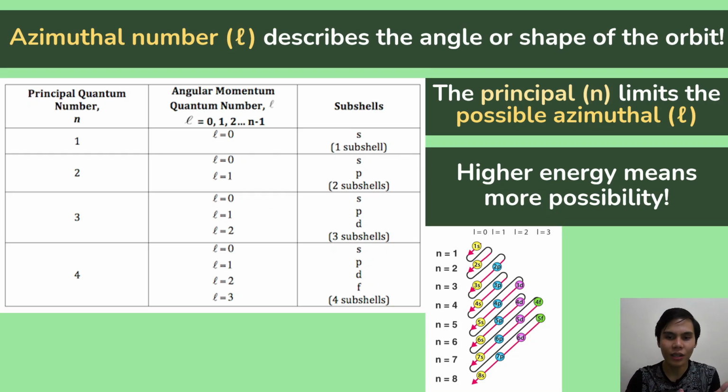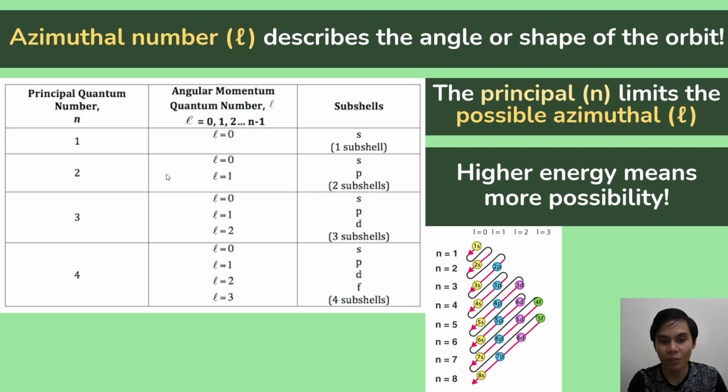So next concept is that the principal number, the energy level, limits the possible azimuthal number, or limits the possible shape. So it just makes sense. The less energy you have, the less possible shapes you can have for your electron's orbit. So in this table here, for principal quantum number 1, we only have one possible shape, which is the s shape.